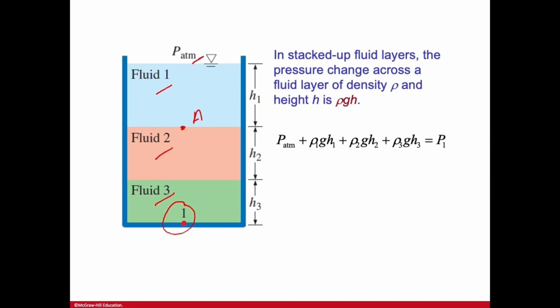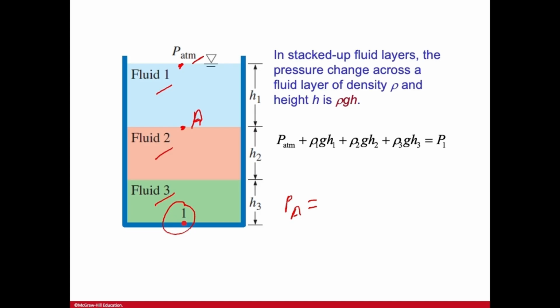So first, if you want to find the pressure at point A, even if you don't remember the exact signs, you can use intuition to say whether the pressure at point A will be bigger or smaller than the pressure at the atmosphere or the free surface, that is at this point.